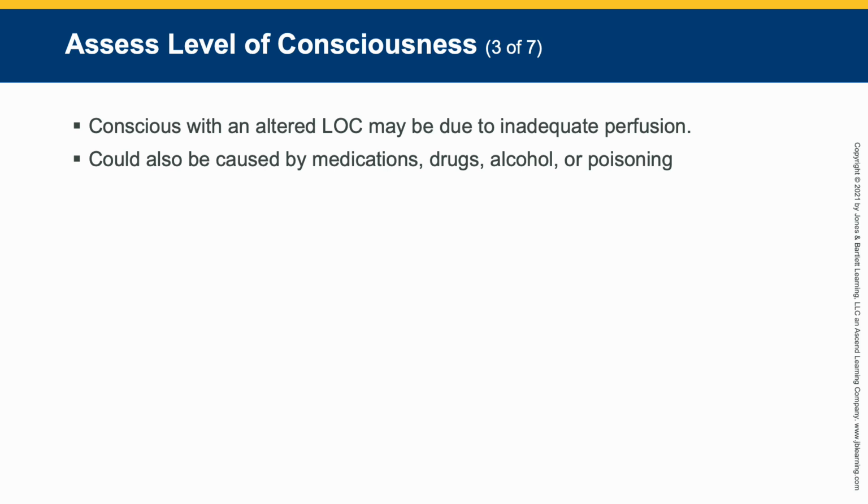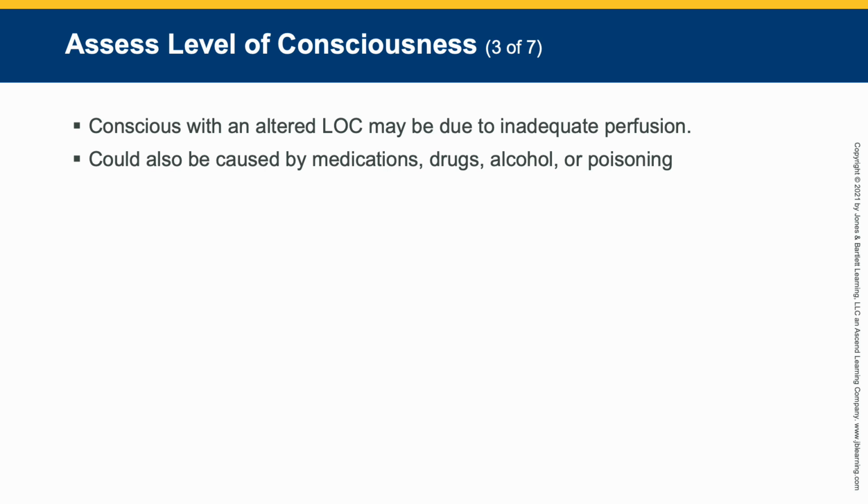Start by seeing if the patient is awake and tracking you visually. Are their eyes open spontaneously? Do they respond appropriately to questions or commands? If not, you're going to move on to the verbal stimulus. Use a loud voice or call their name. If they don't respond to that, apply a painful stimulus, such as a trapezius pinch or pressure to the orbital ridge or interdigital pressure, whichever your local protocol will allow.